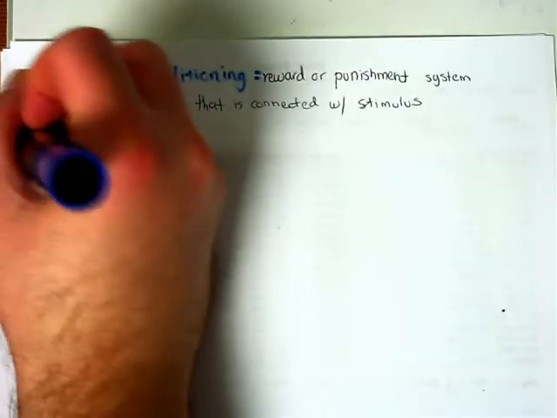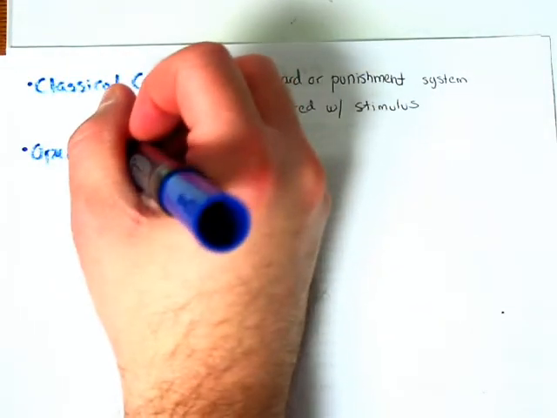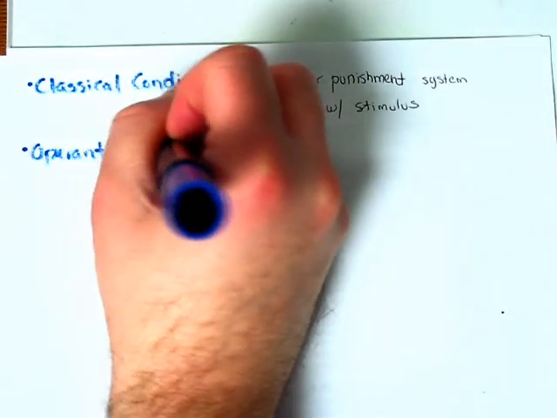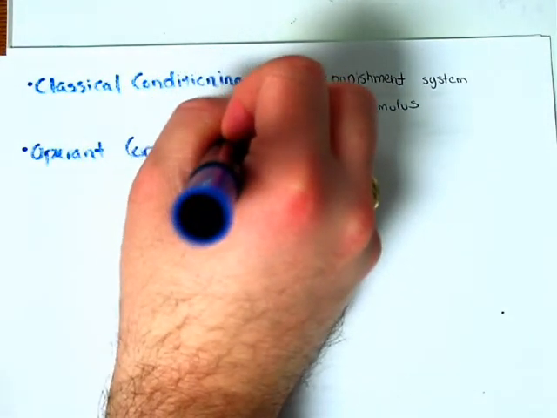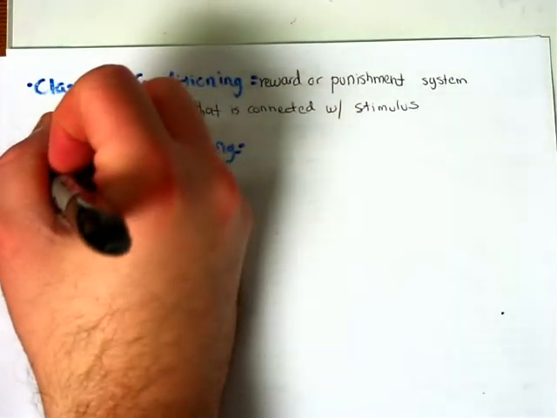And the other type of conditioning is called operant conditioning, which I always remember as being kind of like trial and error learning.